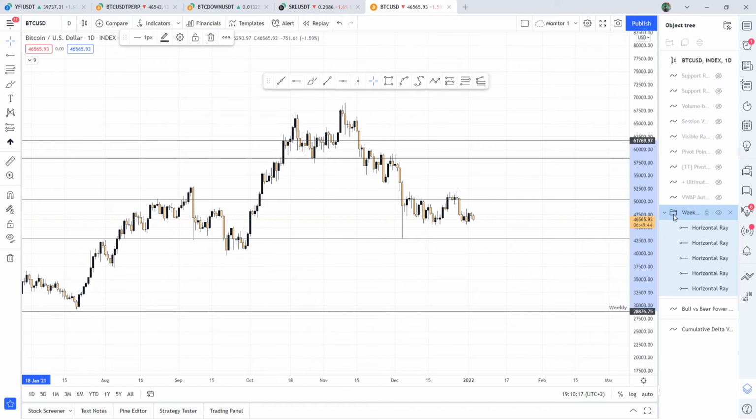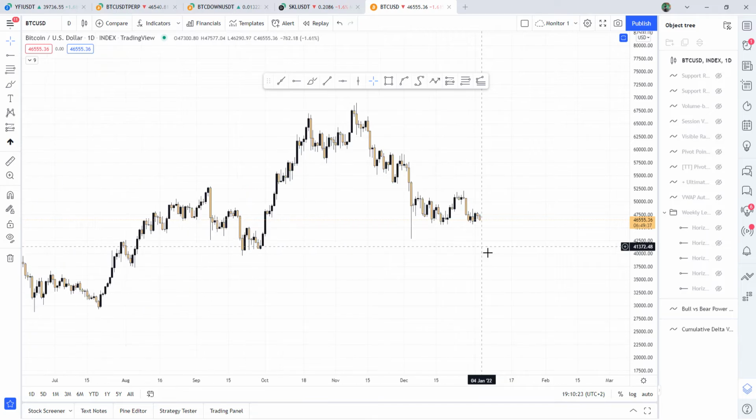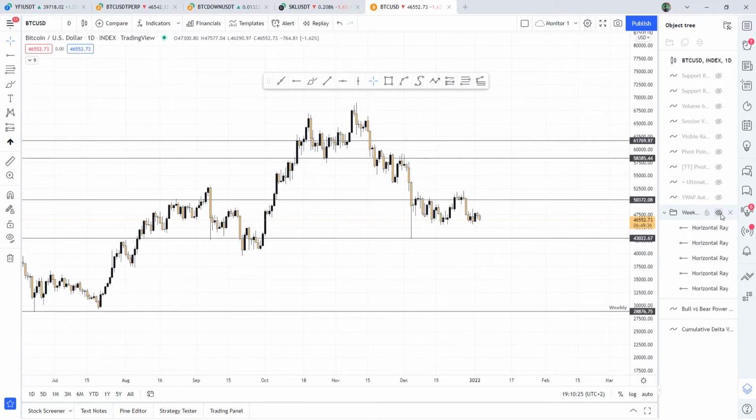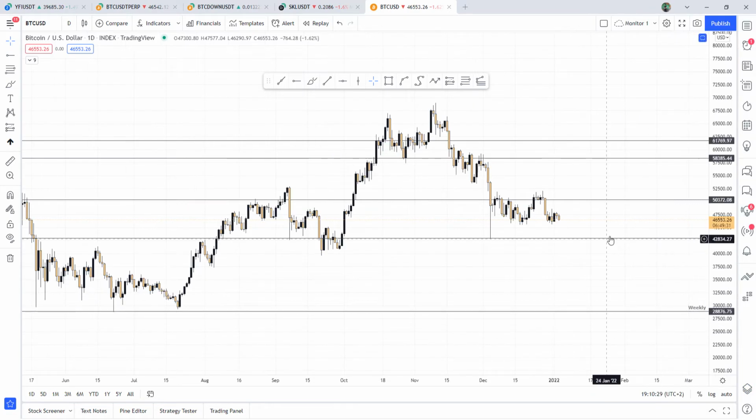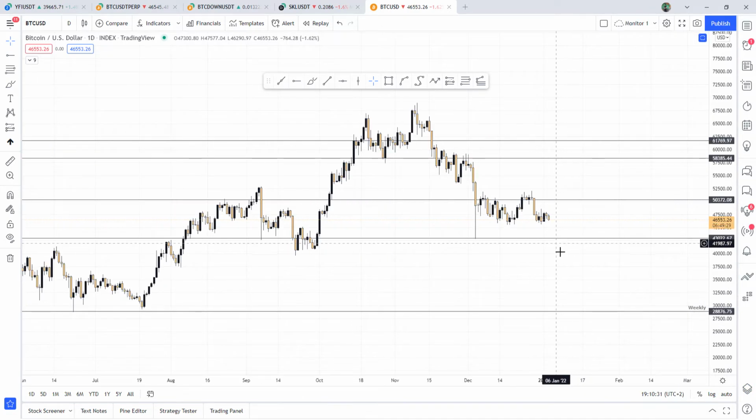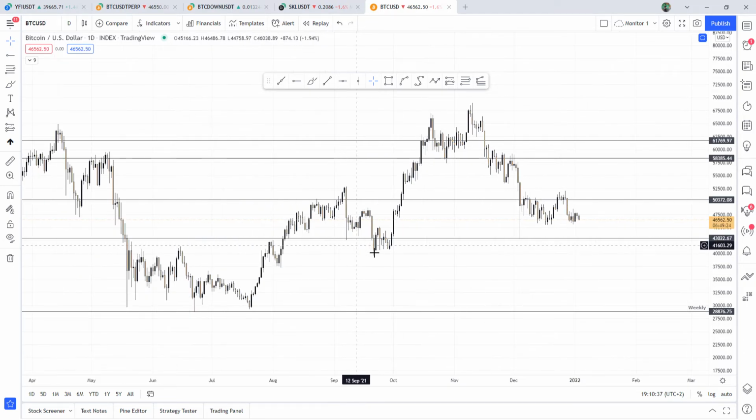Now you have everything grouped together, and if you click on the eye, it's going to disappear, and if you click again, it's going to appear. So you can have a clear chart, but also keep identifying the levels.